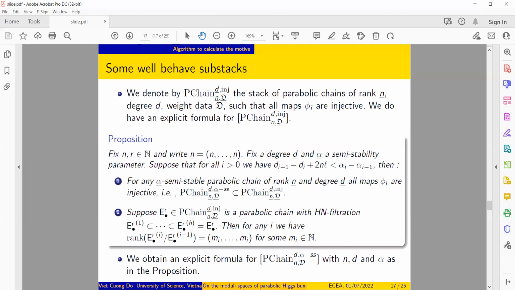Here is a well-behaved substack. We don't work with the full stack.